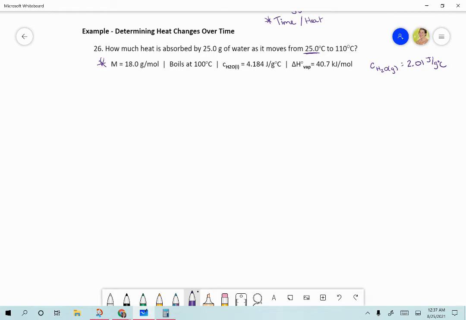So my first piece, I know if water boils at 100 degrees Celsius and I'm going from 25 to 110 degrees, I'm going to have a phase change from my liquid to my gas state at 100. So that means I'm going to start with liquid water. It's going to go from 25 degrees to 100 degrees.